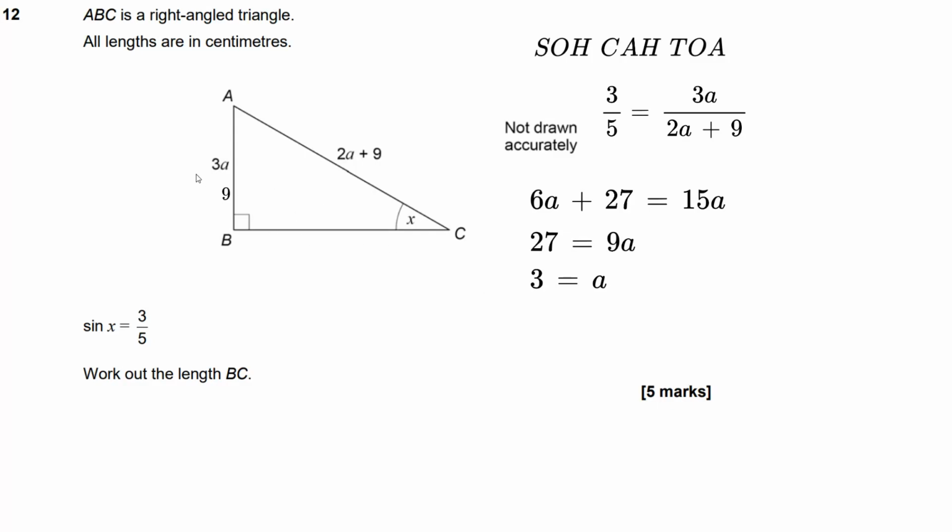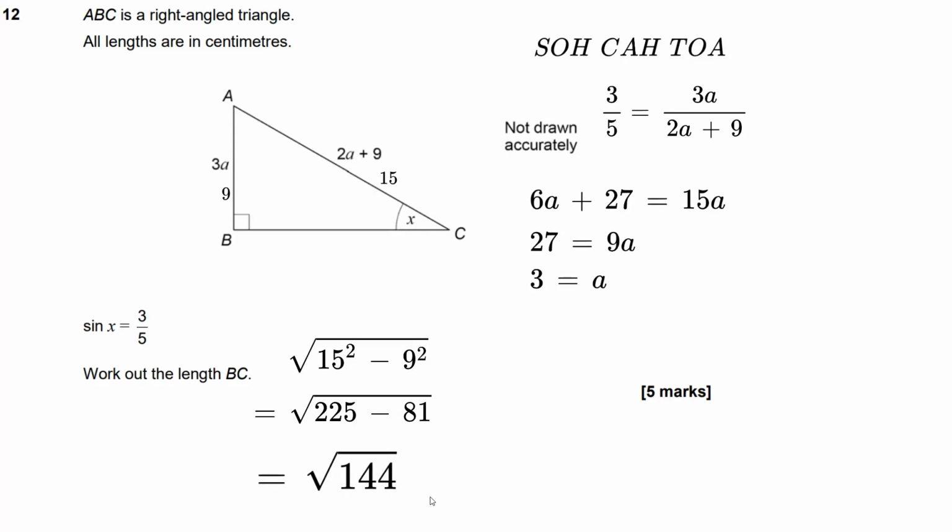So 3 multiplied by 3 equals 9, and then 3 multiplied by 2 is 6. 6 plus 9 is 15. And because this is just Pythagoras, you do the square root of 15 squared minus 9 squared, and that's root 144. It's not plus or minus because it's a length, so you always have to take the positive, so it's just 12.